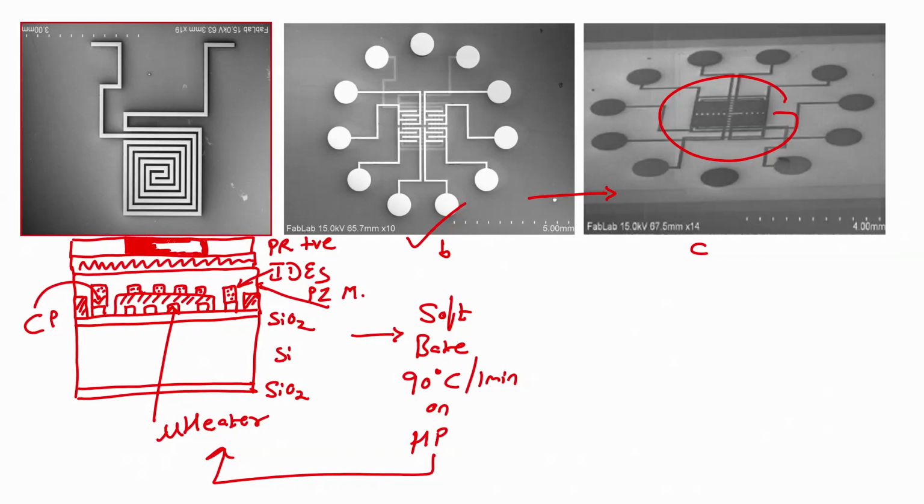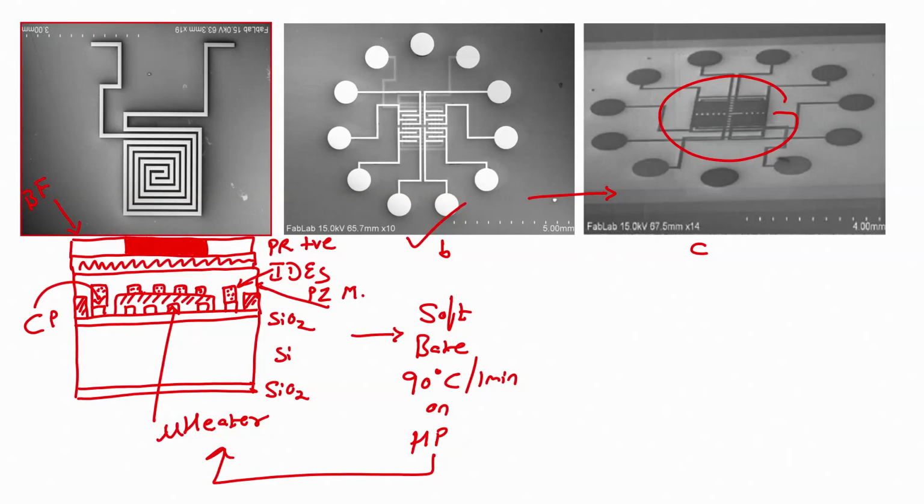I am just drawing a cross section for one, that is why I am drawing this particular schematic, where you can see that the piezoresistive material is on this interdigitated electrode. What is this mask? This mask is my bright field mask, right.